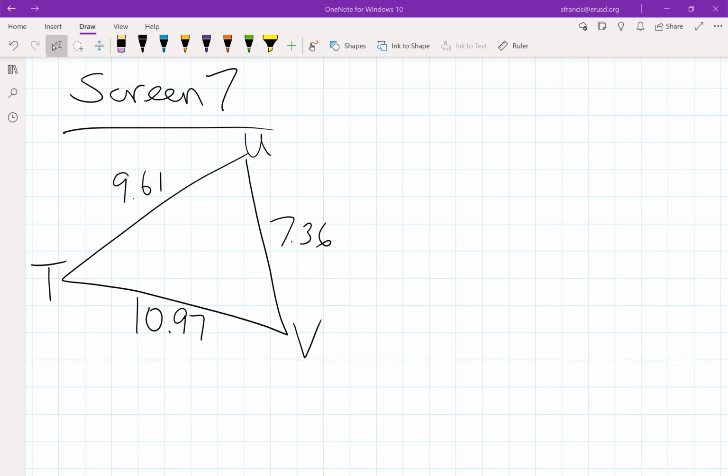The heck did I just do? Edson, let me look. No, your angle T is fine. Except for maybe the rounding.